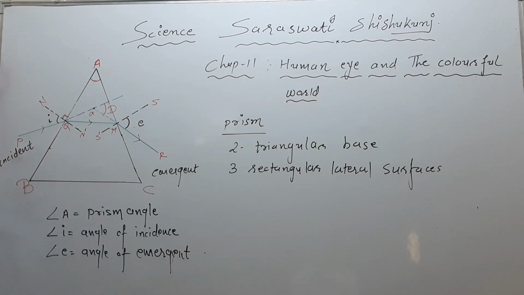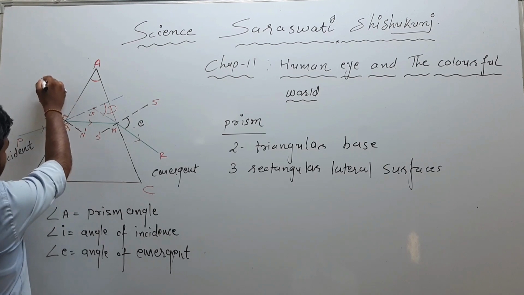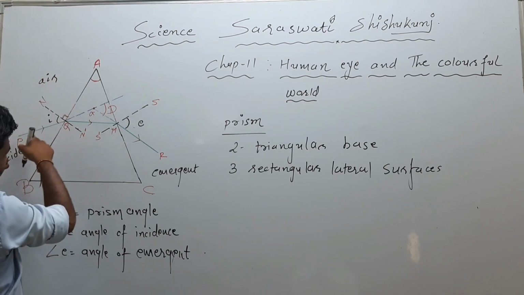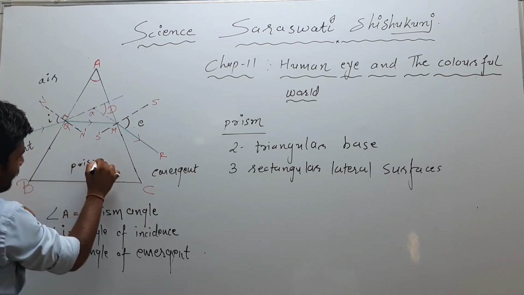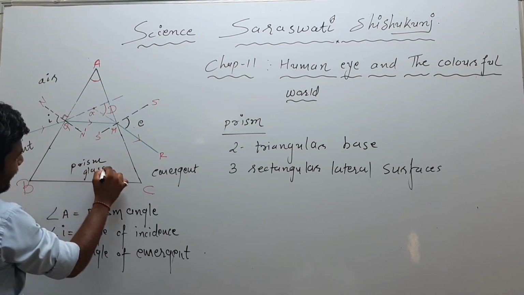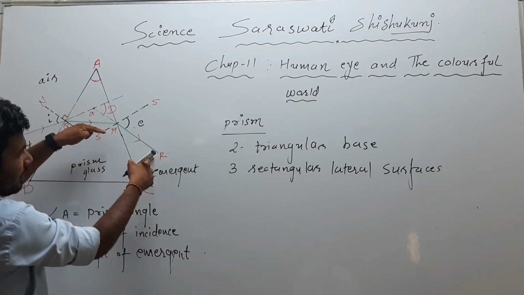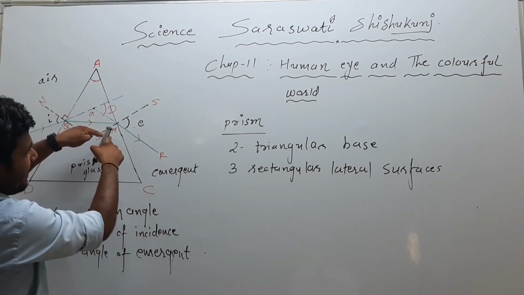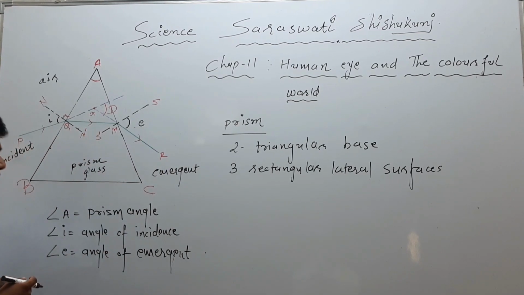Let's see, this PQ ray is the incident ray from the medium of air. It enters into the medium of prism or glass and it comes out in the form of RS as an emergent ray in the medium of air.